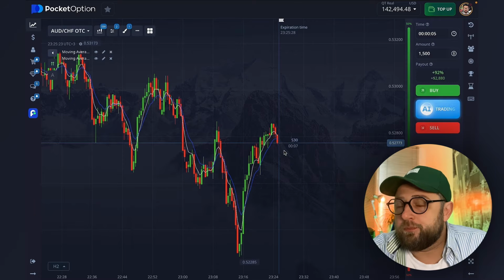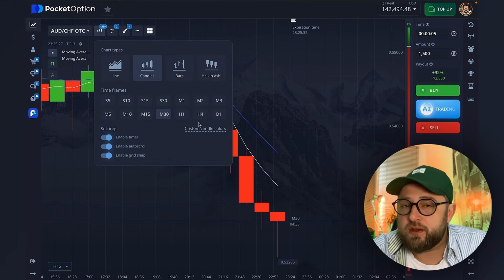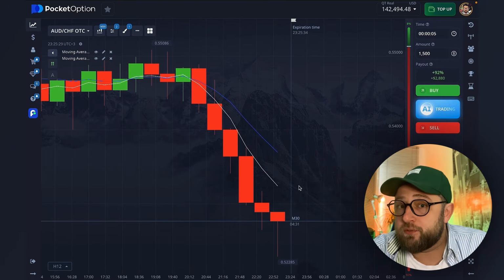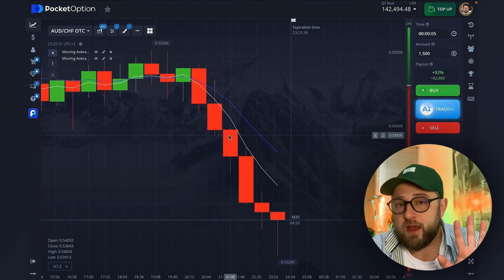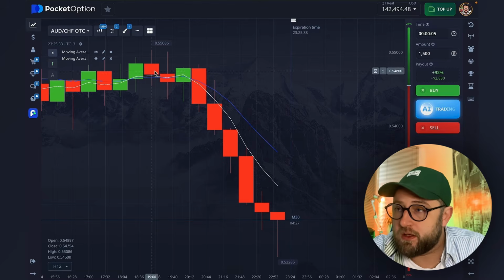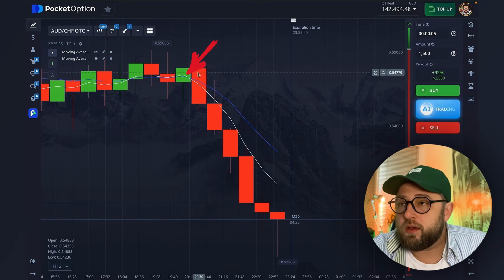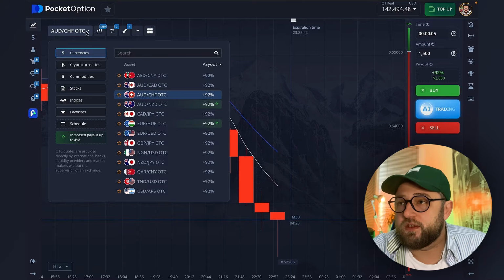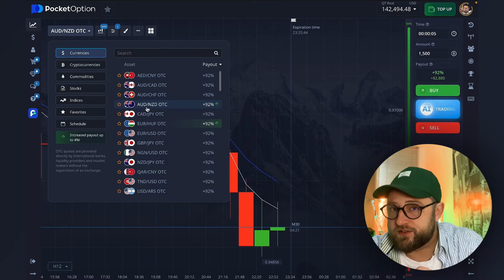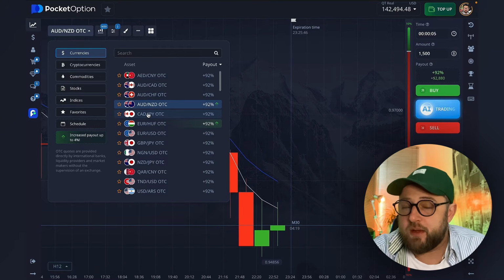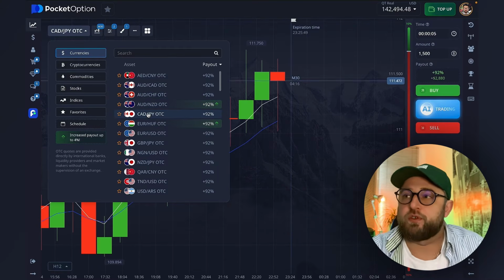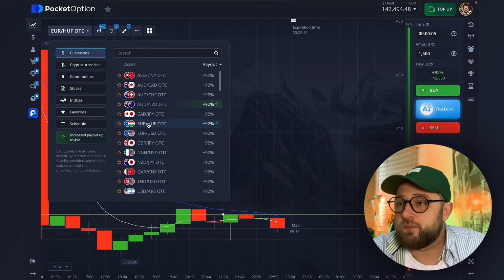So let's pick the pair. We check the picture on M30 and we trade on S30 with 5 seconds. Okay, here, as you can see, it was the cross, and after this the strong downtrend. Sometimes after a cross, it's a strong upward trend. Like here, for example.